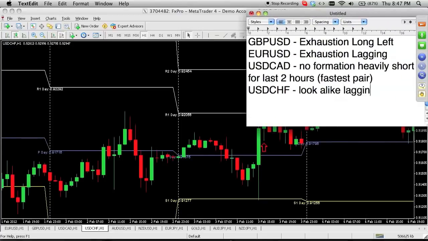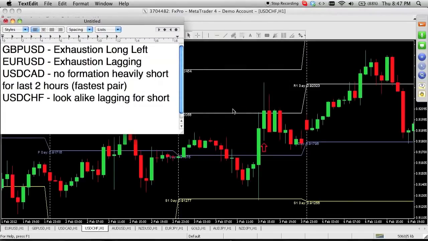Okay, and it's lagging. When I say exhaustion lookalike, it means it has a large tail, but it's not a complete exhaustion.